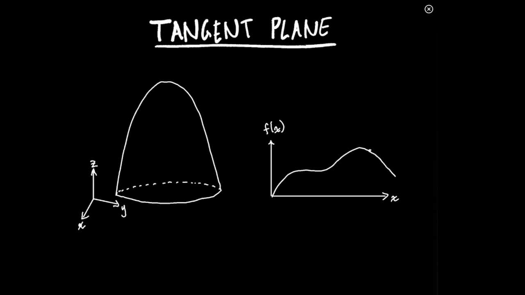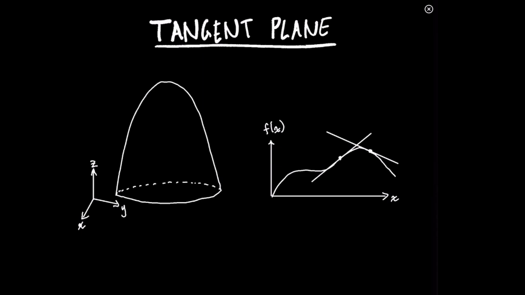We pick a point along this curve and we draw a line so that it just barely touches the function at that point. That is the tangent line. Now, we can move this point somewhere else and the tangent line will change.